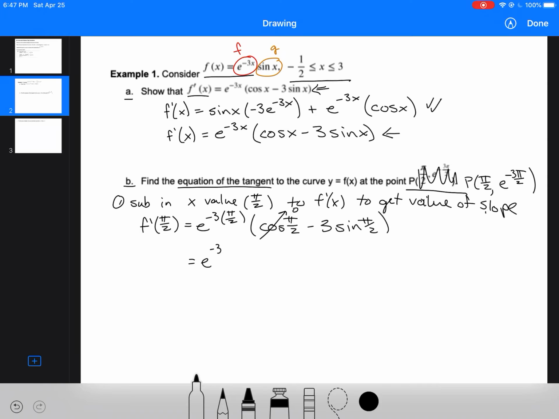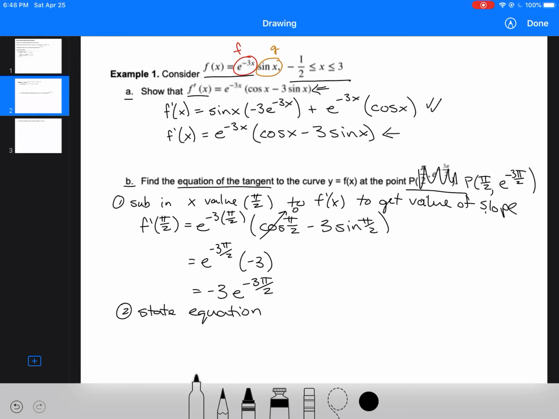We're going to get e to the minus 3 pi over 2, and then times minus 3, because sine pi over 2 is equal to 1. And so we get our final answer for the slope as minus 3 e to the minus 3 pi over 2. Then this allows us to state our equation.